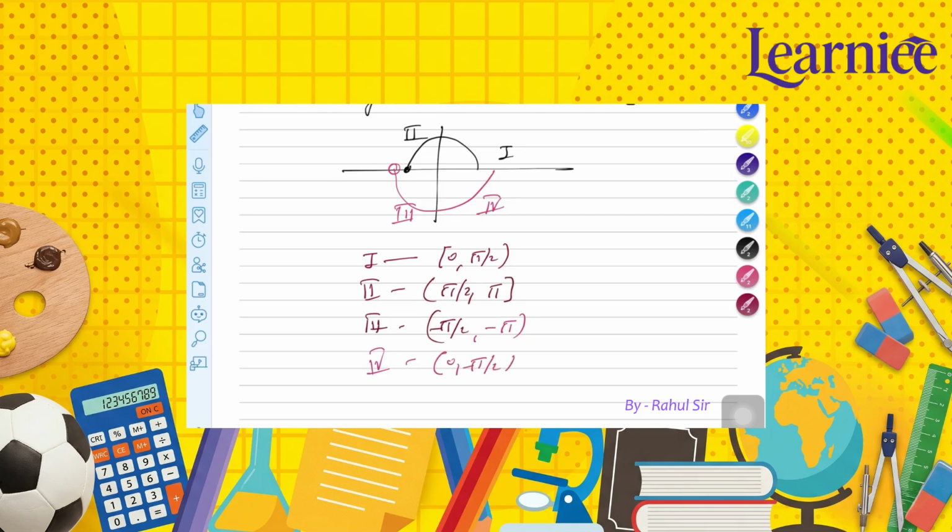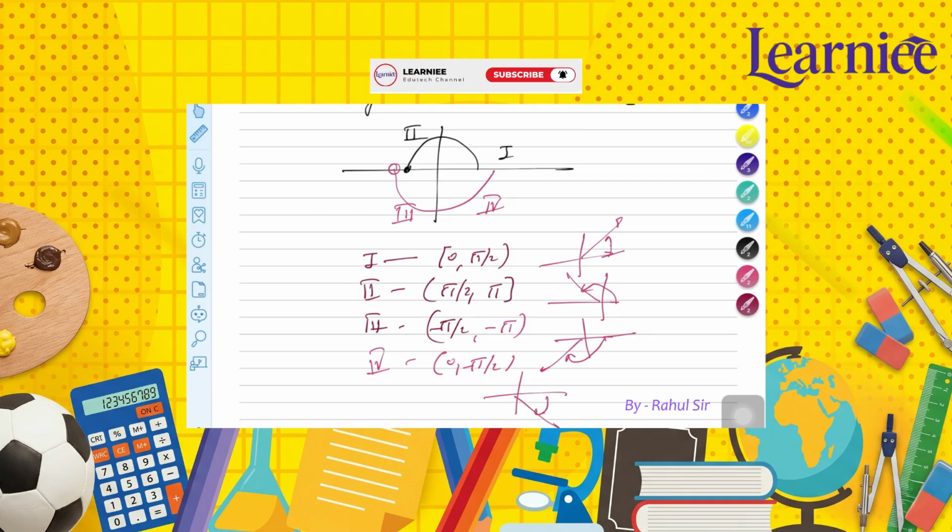So in the first quadrant we measure like this, and in the second quadrant again like this, the third quadrant we measure in a clockwise sense, and the fourth quadrant again in the clockwise sense. This is how we measure the principal argument.